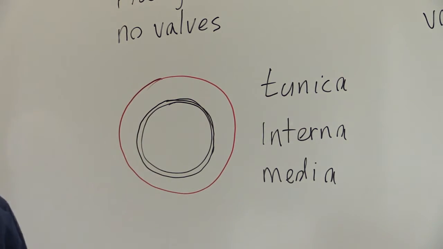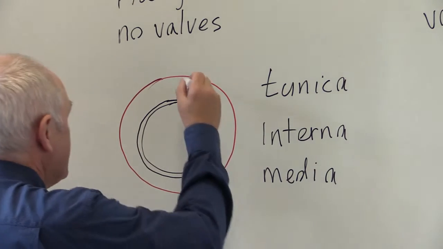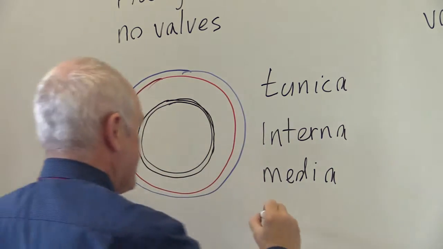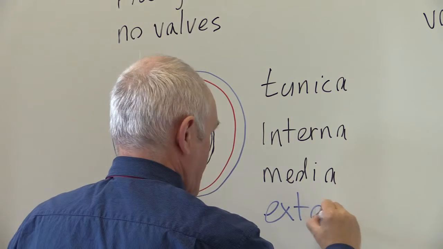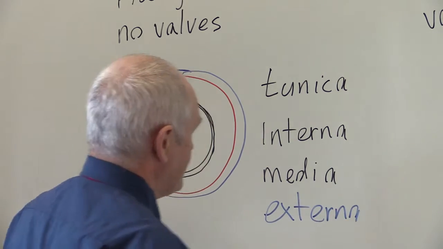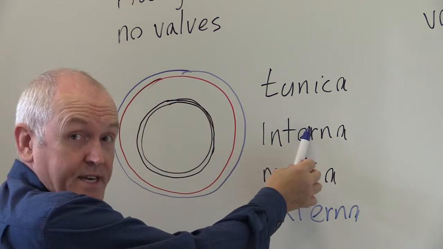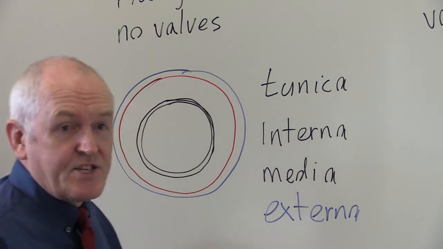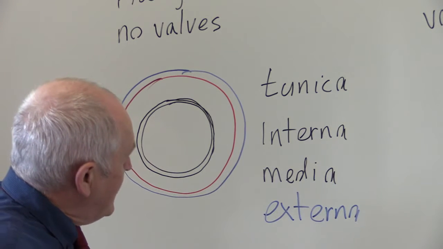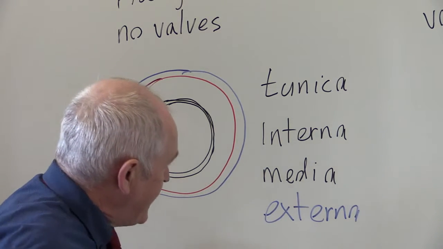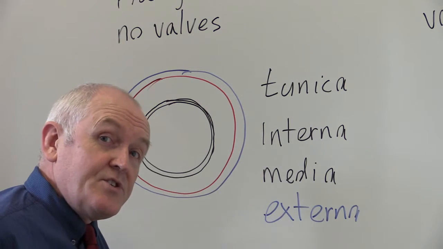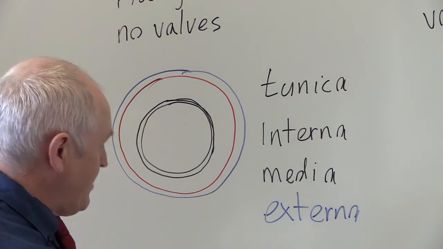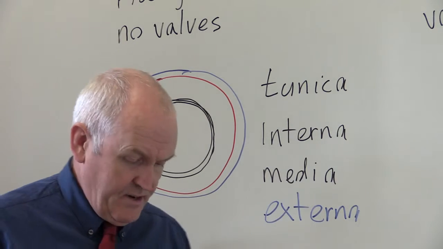And then round about the outside, there's another layer called the externa. So we've got the tunica interna, or the intima, the media, and the tunica externa. And sometimes you'll see the tunica externa referred to as the tunica adventitia. The adventitia is the outer layer of an organ.